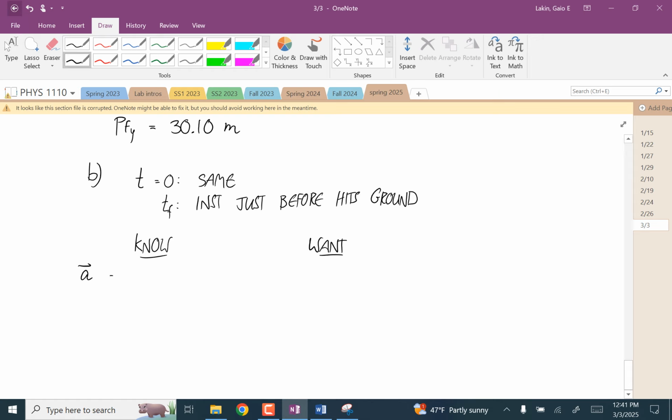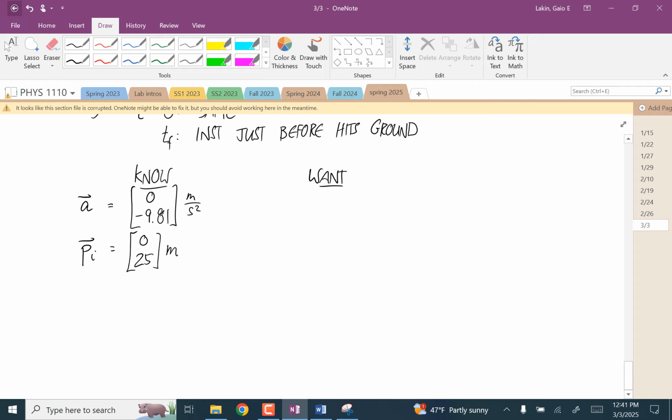We know that the acceleration is 0, negative 9.81. The initial position is the same as it was, that's 0, 25. The final position, we know that the y component is equal to 0 because it's going to be on the ground. We don't know what the x final position is.